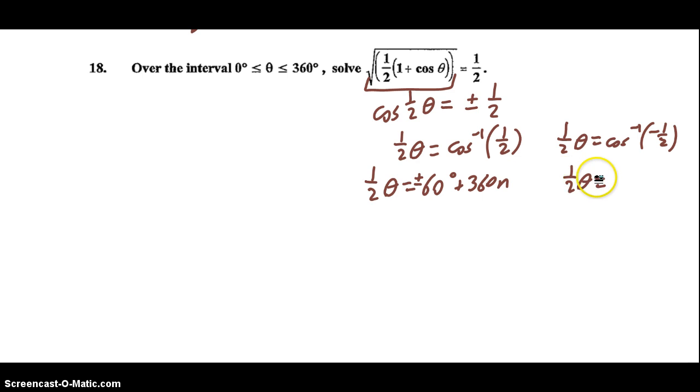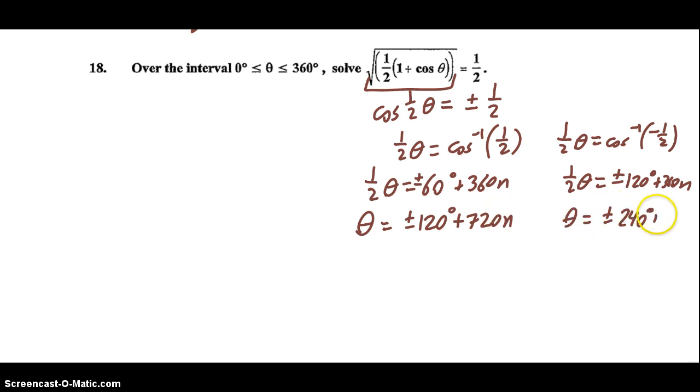And it's negative 1/2 at plus or minus 120 degrees plus 360 n. Multiply everything by 2 to get rid of that 1/2, and you get plus or minus 120 degrees plus 720 n. And you also get plus or minus 240 degrees plus 720 n.